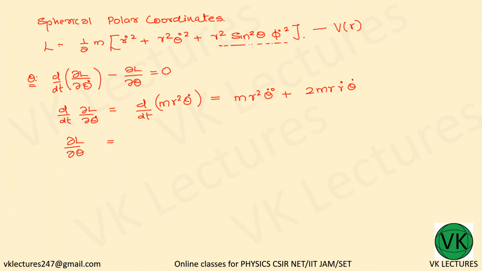Differentiation of sine square theta is 2 sine theta cos theta, and m r square will remain, so it is 2m r square sine theta cos theta, because d by d theta of sine square theta is equal to 2 sine theta cos theta.